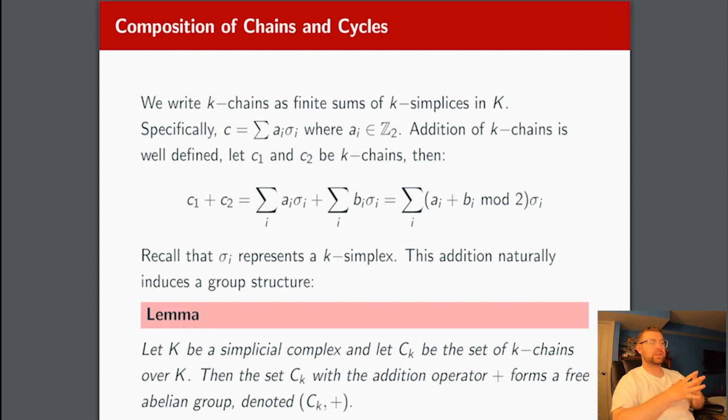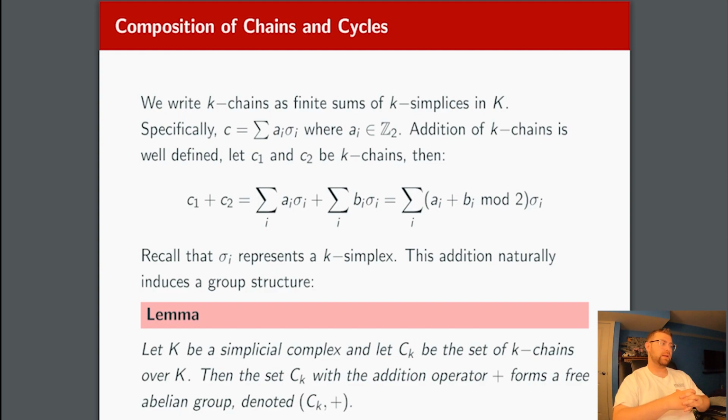It's abelian because this addition operator certainly commutes. And then it's free because I can take these a_i to be in any prime field I want, and scale them by any field coefficients.